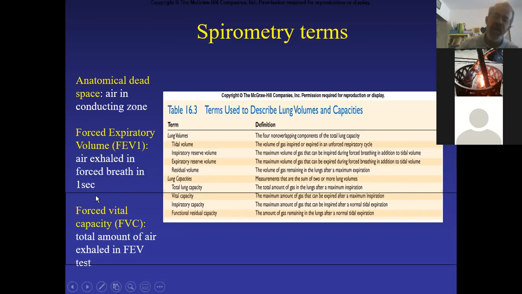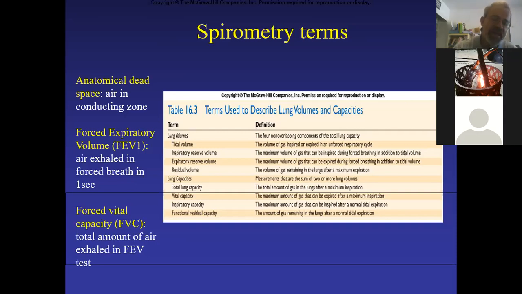This is the amount of air that you can forcefully exhale in 1 second. So someone may have a normal vital capacity, but they can't breathe out a lot in 1 second. You should roughly have, I believe, 70 to 80% of the air that you breathe out, you should be able to breathe out in 1 second. If it's much lower than that, you may have some respiratory issues.